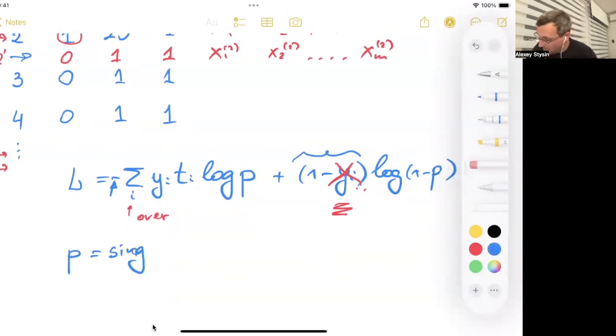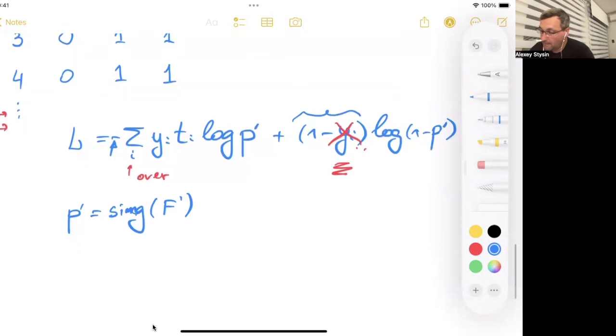Let's do p prime, just to make sure that this is a different p from the one that we had previously. And this is the p that is obtained by training a weighted logistic regression on a modified dataset. So this p prime is now a sigmoid of some f prime, and we are going to see what's the relation here.